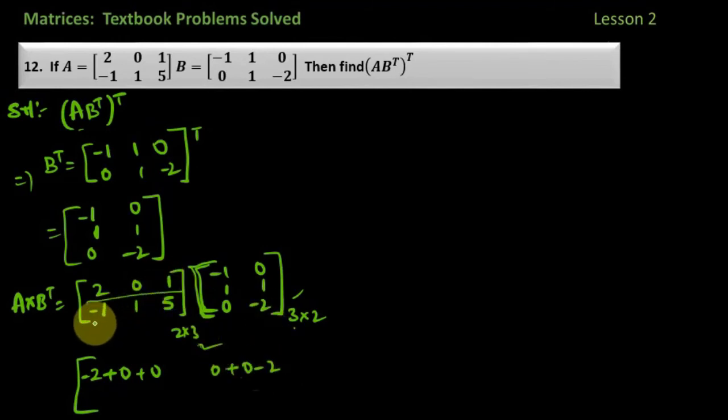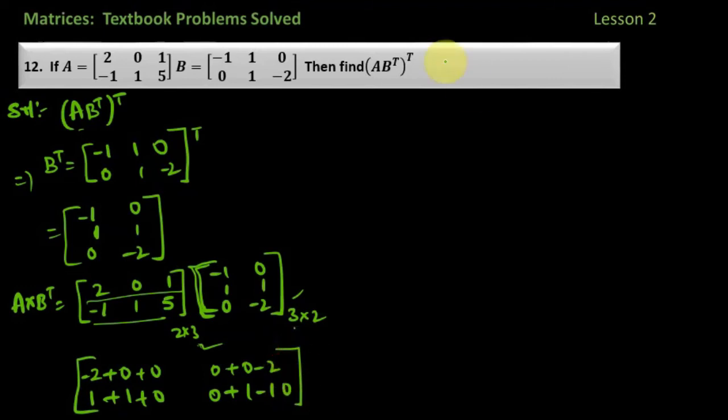Similarly now second row, same thing we should do. Minus 1 into minus 1 is plus 1, 1 into 5 is again plus 1, 5 into 0 is 0. Again with second column, 0, 1 is 1, 5 into minus 2 is minus 10.